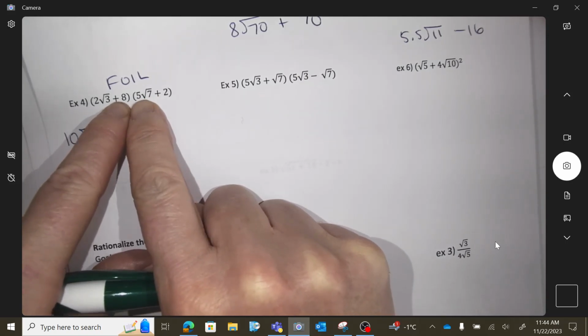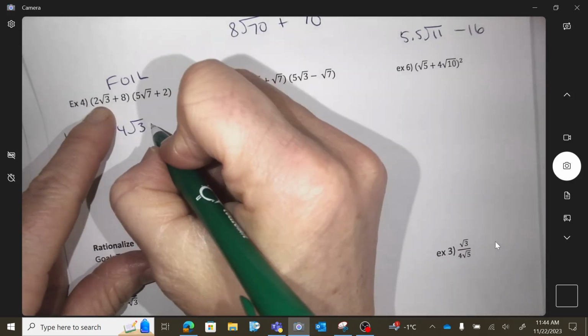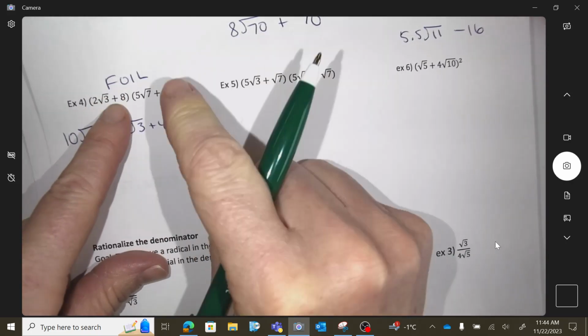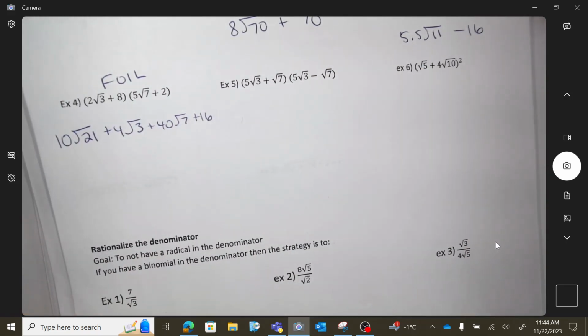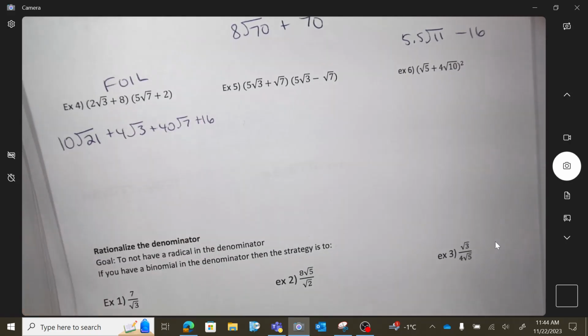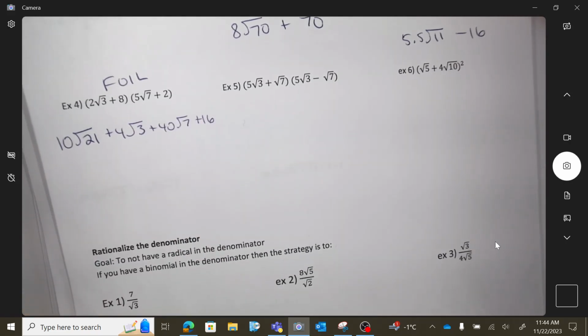Do you see the parts? 40 root 7. Last plus 16. And I think when I scan that over, I'm done because there's nothing to put together. This root, this root, this root, can't do anything with them.